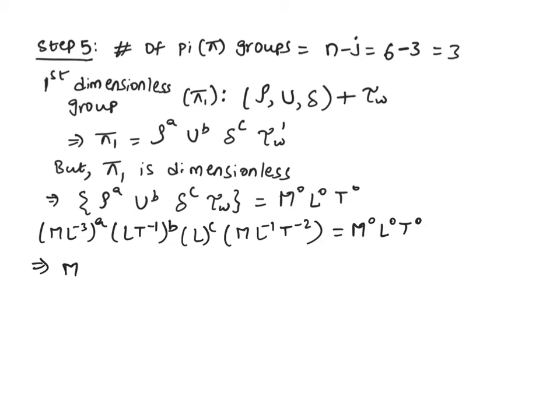So M would be a plus 1, and L would be minus 3a plus b plus c minus 1, and T would be minus b minus 2, is equal to M^0 L^0 T^0.